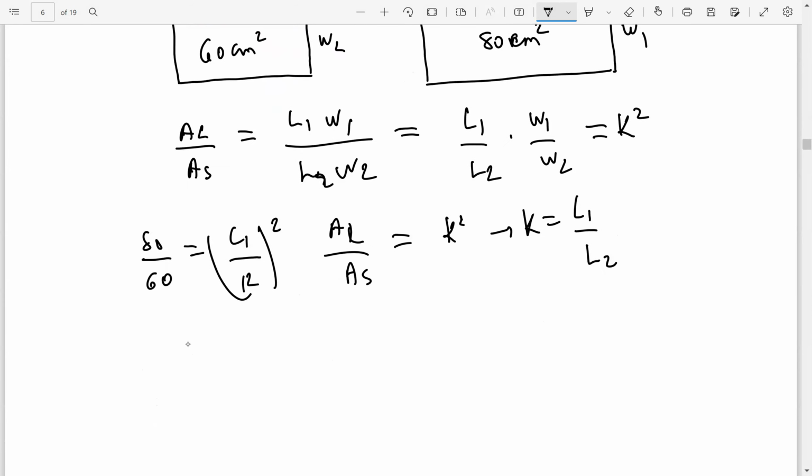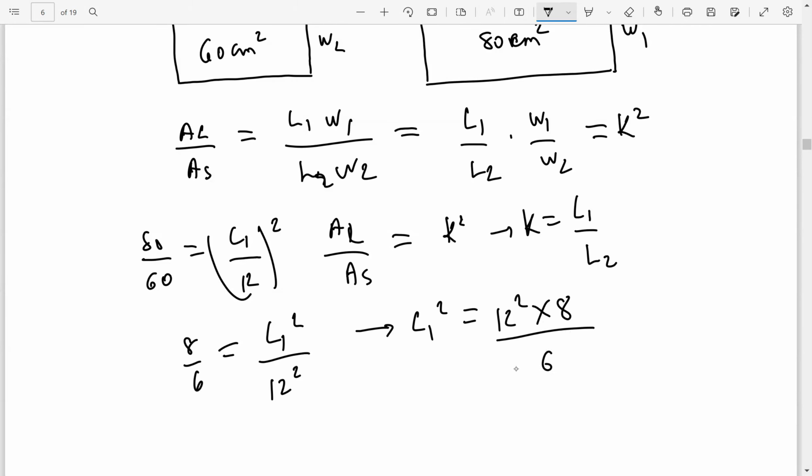So you have 8 over 60 equals to L1 square over 12 square. So you can say L1 square equals to 12 square times 8 over 60. So it is 12 times 12 times 8 divided by 60.